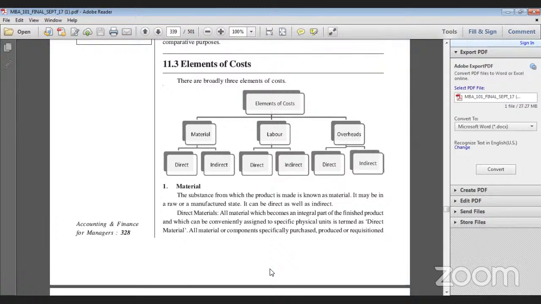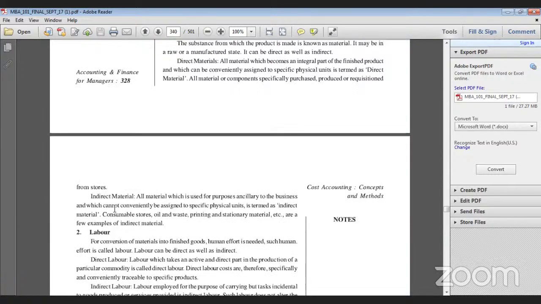Indirect material is all material or components specifically purchased or produced as a prerequisite. So material is either direct or indirect. After that, labor is the live part. It is human effort.